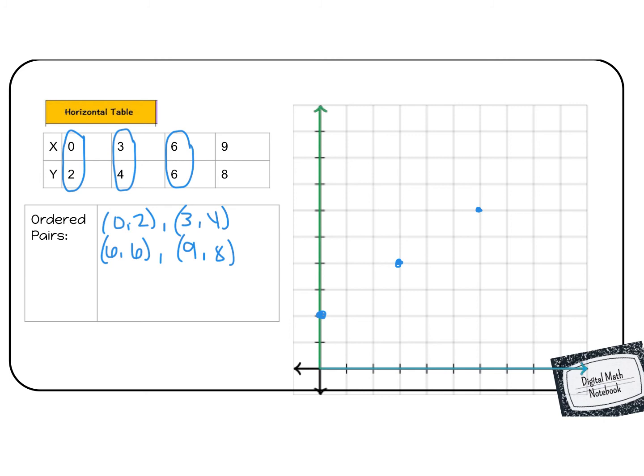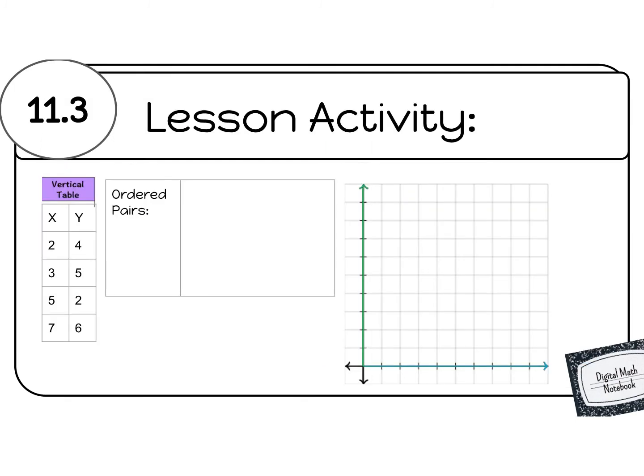So we're going to go over 1, 2, 3, 4, 5, 6, 7, 8, 9, and up 1, 2, 3, 4, 5, 6, 7, 8. So you can see if we knew what these points were about, then we could describe that there is an upward pattern happening with this data. Let's try another problem together.